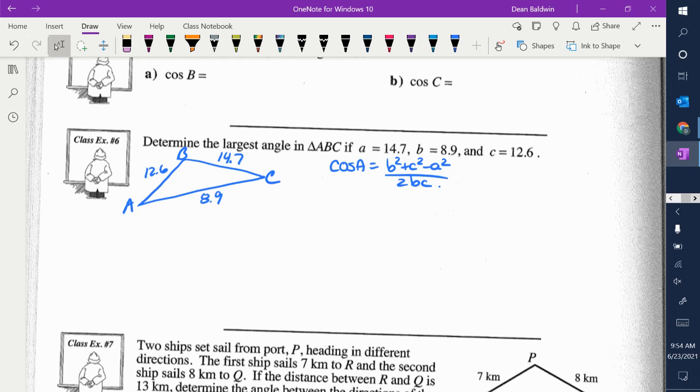Then you just plug in everything you know. 8.9 is b squared. C squared is 12.6. A squared is 14.7, over 2bc. So punch that into your calculator, please.